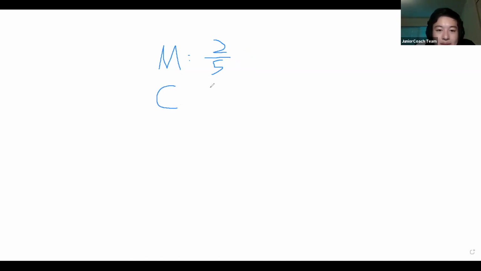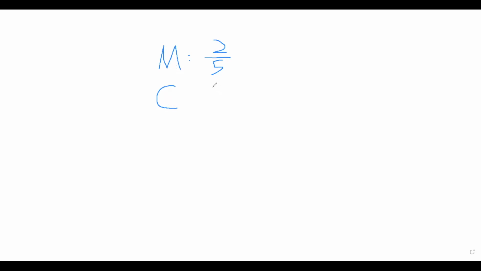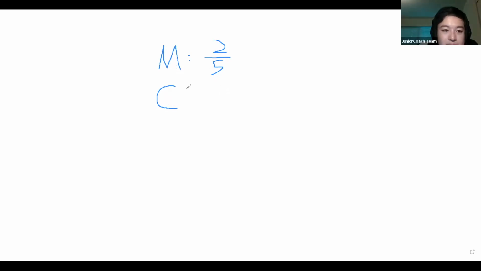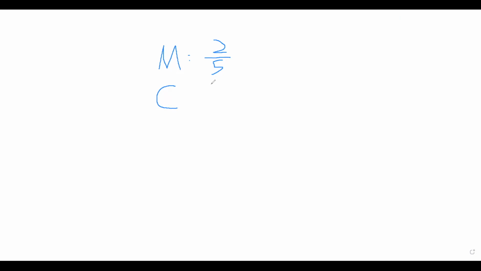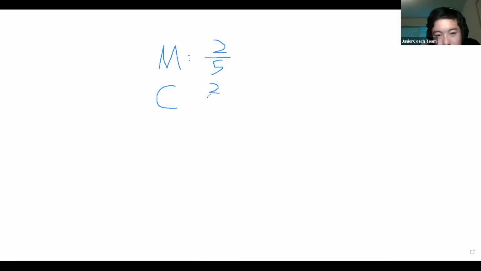1/10 less than M. So what would that be? How would you write it out? 1/10. Yeah, but it's 1/10 less than person M. Oh, okay. So what would you write? Nope.